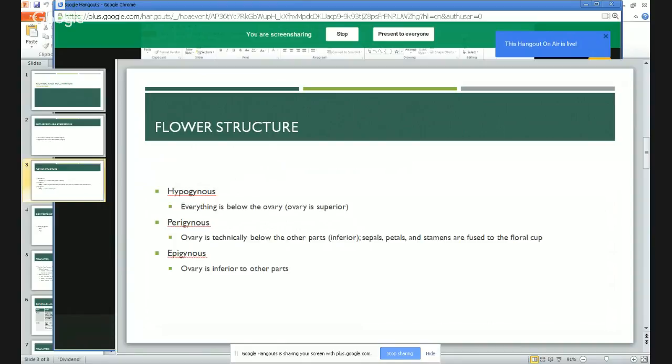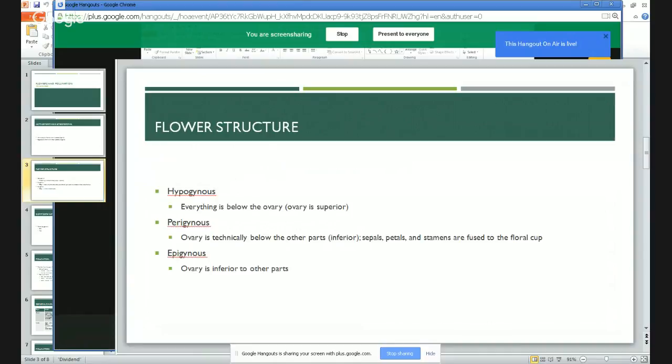So the ovary is the most superior structure. The pictures there are just showing you that everything is technically attached below the ovary itself. So, for example, the stamens technically rise higher than your ovary, but they don't start higher than the ovary.